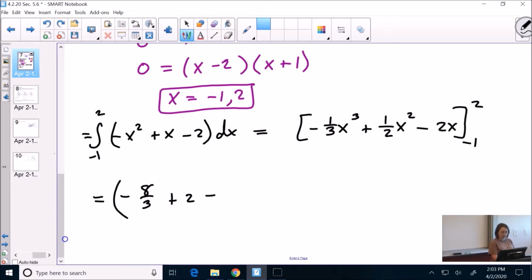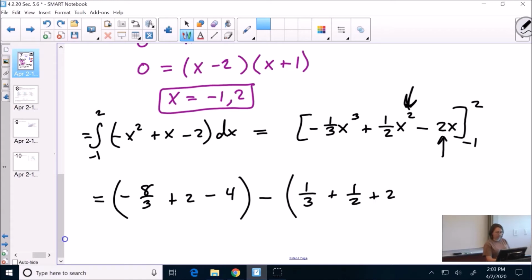And then 2 times 2, that would be negative 4. So that's what I get if I plug in 2. Minus, if we plug in a negative 1, that would be negative 1 cubed is still negative, and then negative 1/3 makes it positive 1/3. Negative 1 squared, positive, so that's positive 1/2. And then negative 1 times negative 2, positive 2. Whew, that was fun.